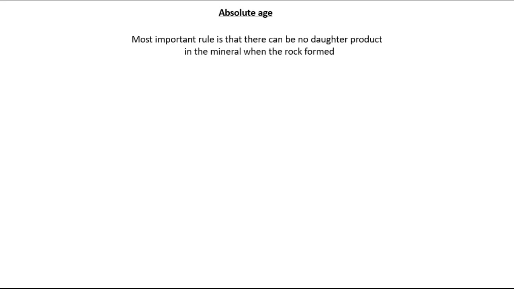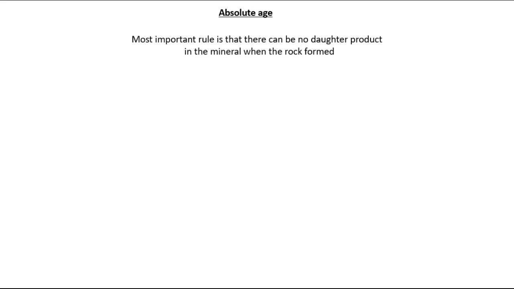One of the most important rules is that when a rock forms and has a particular mineral that can accept this radioactive element, in that structure there are no stable elements related to that. The radioactive element we call the parent, and the stable element we call the daughter, or the daughter product, or the daughter element.